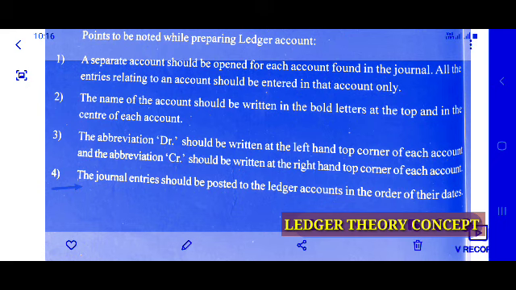So, based on the dates, we are going to post to the ledgers. That is date wise, from beginning of month, 1st of March, 2nd, 3rd, until 31st March in order wise.